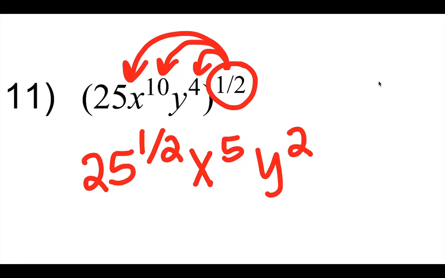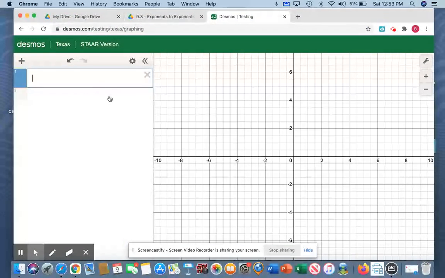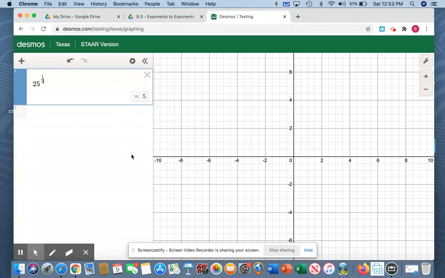Now this 25 to the half power, we are going to learn about this tomorrow, more about how to do these types of problems. Your calculator will do it for you. 25 to the half power is 5.